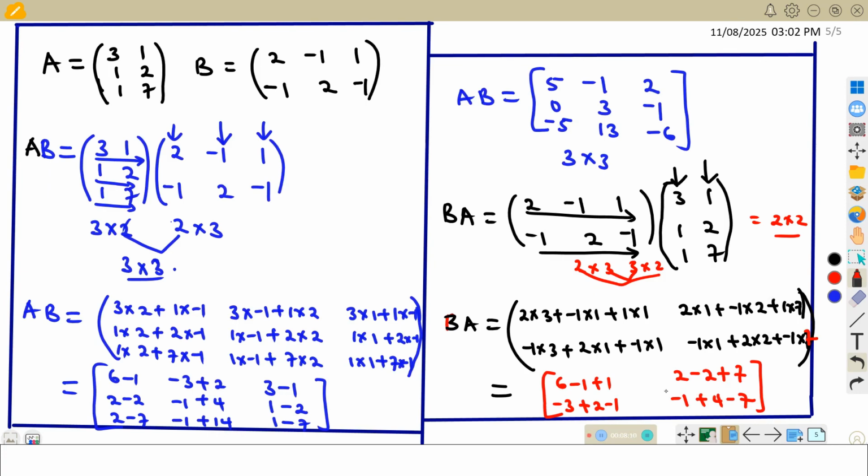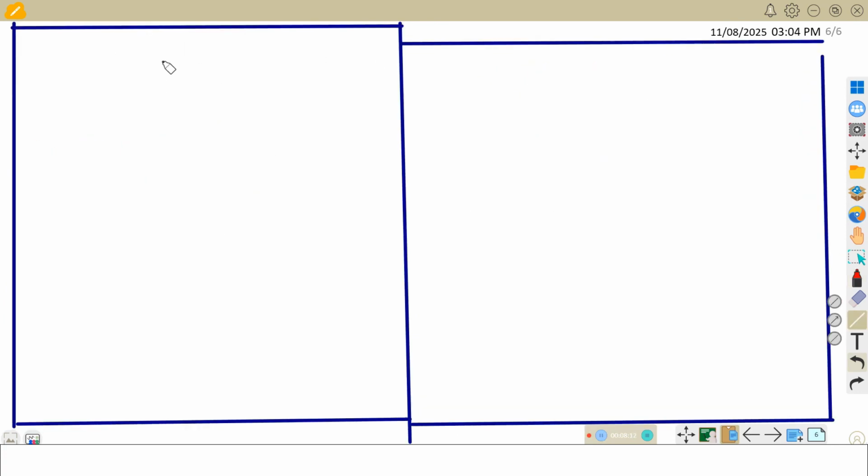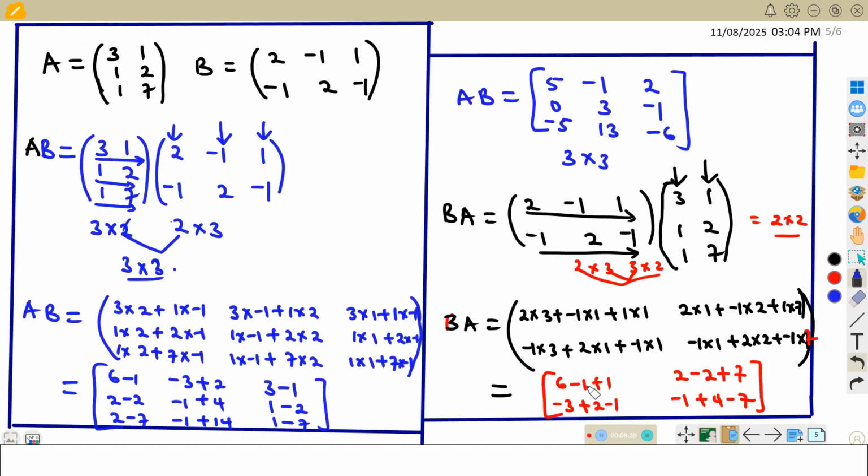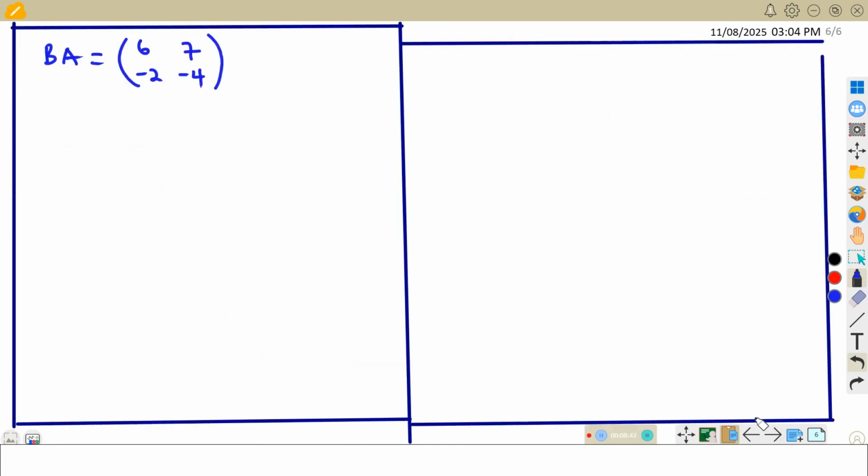So we get BA: this is 6, this is 7, this one is negative 2, and this is negative 8 plus 4, that is negative 4. So 6, 7, negative 2, and negative 4. So that will be BA.